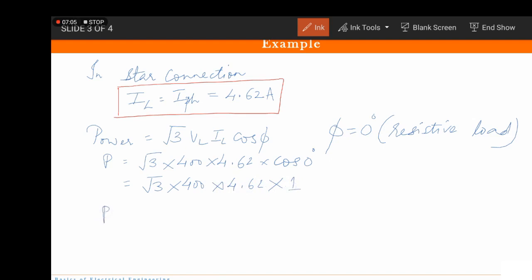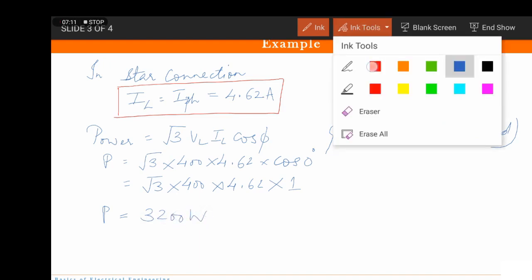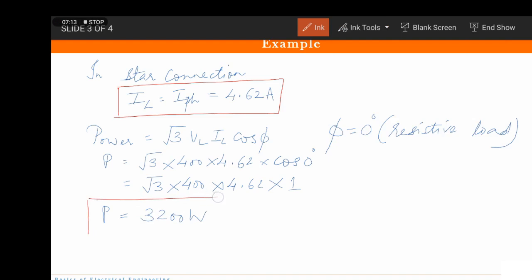So in this case, the power comes out to be 3200 watts. Okay, or 3200 watts. So this is my answer. Understood? So this was quite simple. Yes. So now we shall go to part 2.